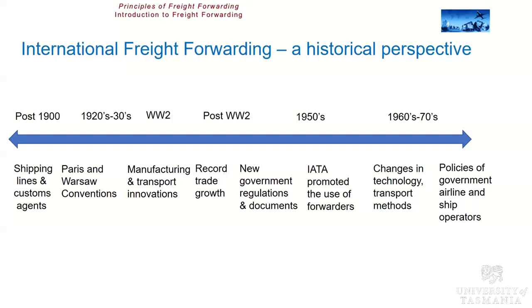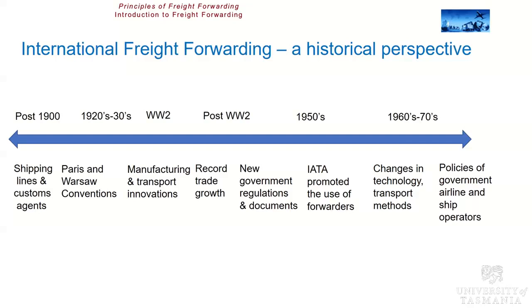And in the 1950s, for the first time, somebody put up their hand and said, look, we really need somebody in a role that can take charge of these new government regulations and documentations and put some order into the system. And that's where IATA promoted the use of freight forwarders. So IATA, the International Air Transport Association, said for the first time that we need somebody in that role, that service provider, to handle this.